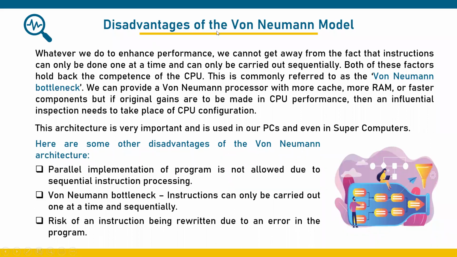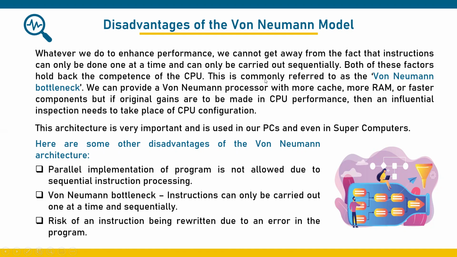I will explain disadvantages of the von Neumann model. Whatever we do to enhance performance, we cannot get away from the fact that instructions can only be done one at a time and can only be carried out sequentially. Both of these factors hold back the components of the CPU.